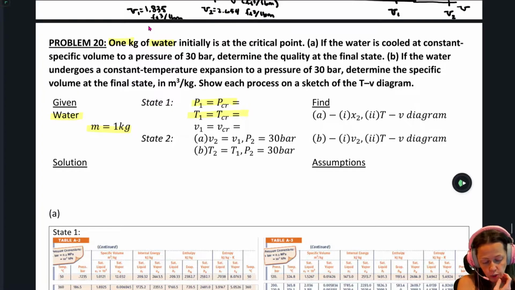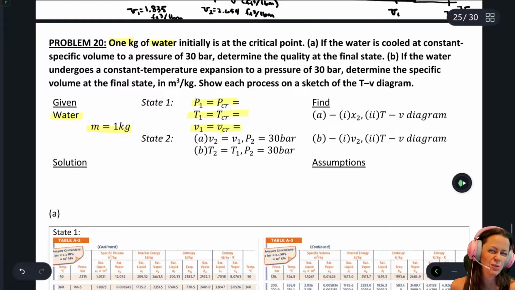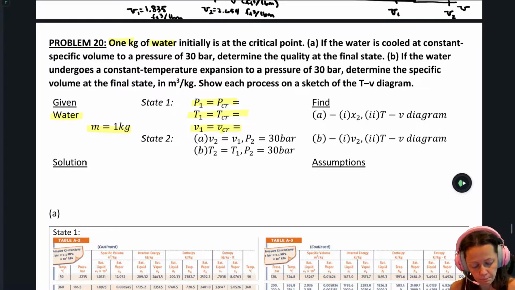So we've got a critical temperature, critical pressure. We're right there at that critical point. If the water is cooled at a constant specific volume, it might not really be obvious that there's a critical specific volume. There actually is, but we'll talk about that in just a second.